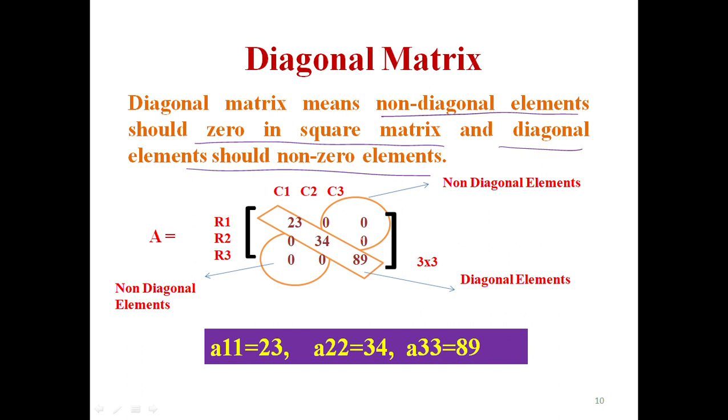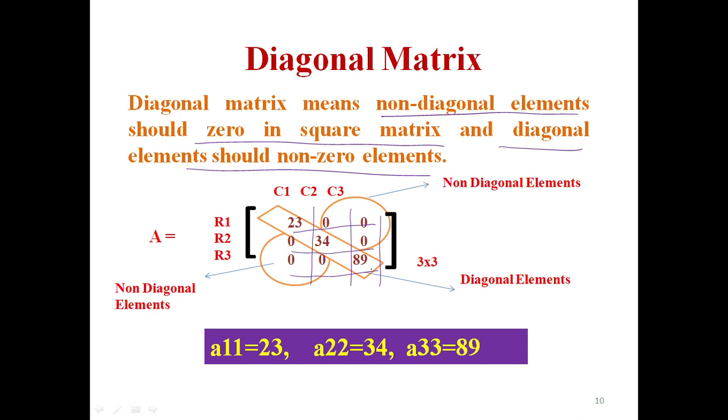On the lower side of the diagonal elements, 0, 0 are also called non-diagonal elements. 23, 0, 0 is row first, 0, 34, 0 is row second, and 0, 0, 89 is row third. In column form, column first is 23, 0, 0, column second is 0, 34, 0, and column third is 0, 0, 89.